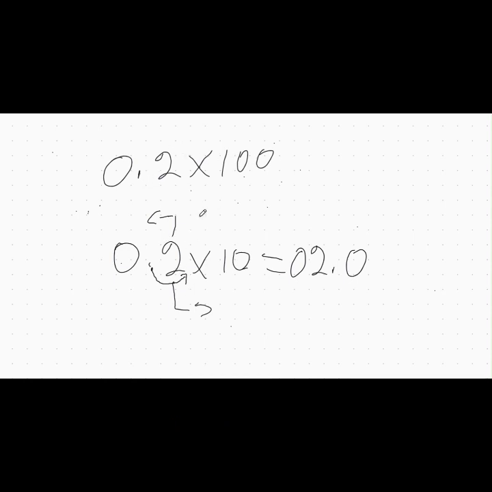Here, same rules apply. There are two zeros, so this will go over two places. So the problem would have been written as 0.2, 1, 2 places.